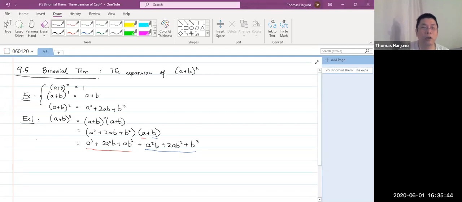Now then, combining like terms, that gives me a cubed plus 3a squared b plus 3ab squared plus b cubed.